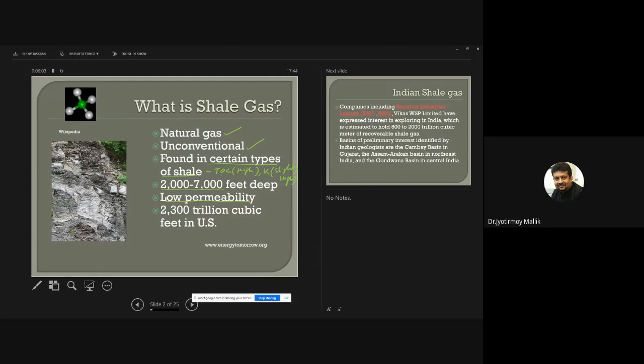Okay. So there is around 2,300 trillion cubic feet of gas in the US. We will discuss what it is in India in a moment. But shale gas had an important role to play in America's economy. Maybe 20 or 30 years ago, America used to import a lot of hydrocarbon from the Middle East. And then they changed their national policies.